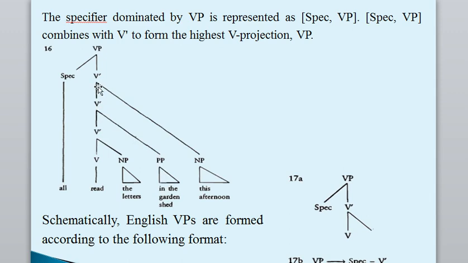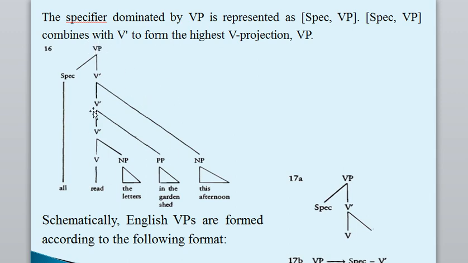In the third layer, again this V1 bar combined with this afternoon produces another V1 bar, and at last V1 bar combined with a spec, with all, to produce the maximal projection VP. We call it verb phrase. This is the topmost of the VP structure, so we call it maximal projection or VP.